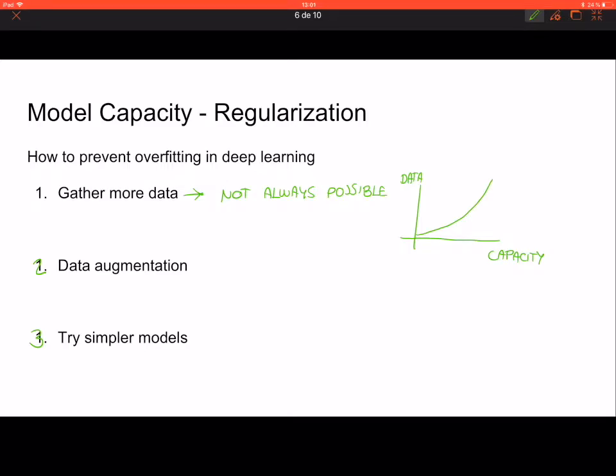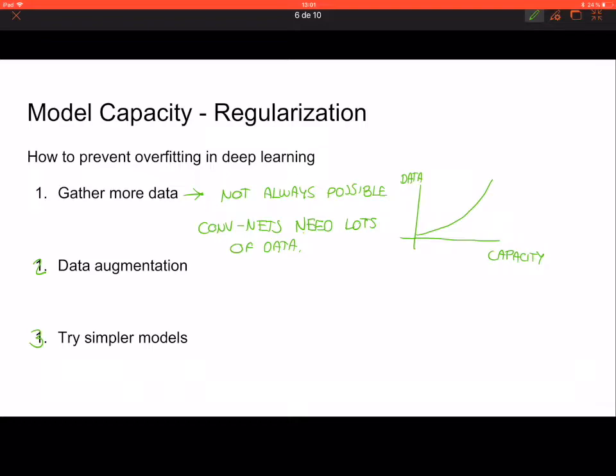So the more complex the model is, the more data you need. So for instance, convolutional neural networks, convnets, need lots of data because they are very complex models. Fortunately for convnets, we have very large data sets of images, which is good.